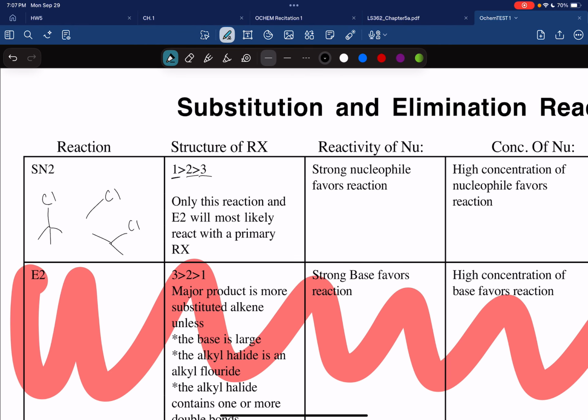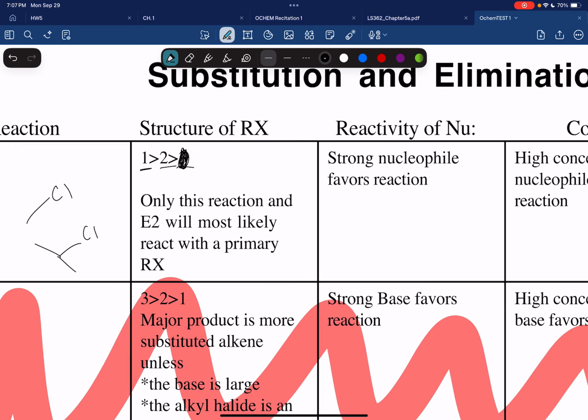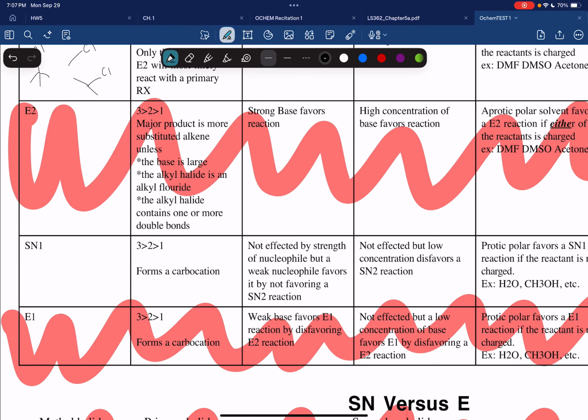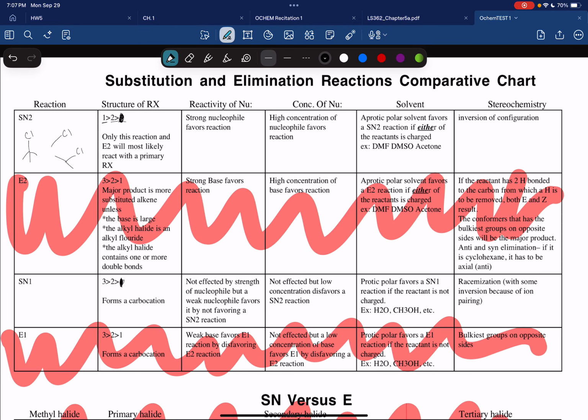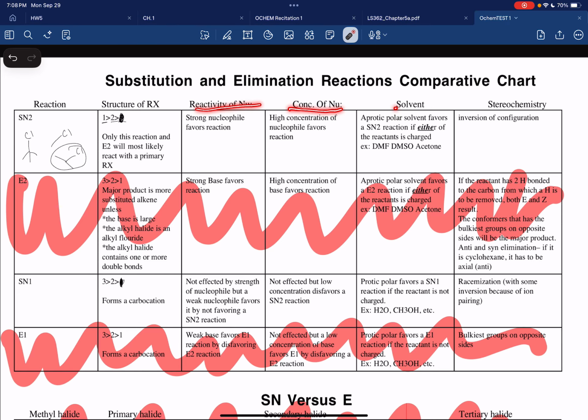So SN2 will not happen if it's a tertiary carbocation, and SN1 will never happen if it's primary. That makes it simple, except for secondary alkyl halides. And that's when you're going to have to use all these to determine if it's an SN1 or SN2 reaction.